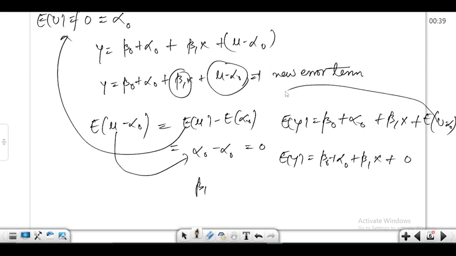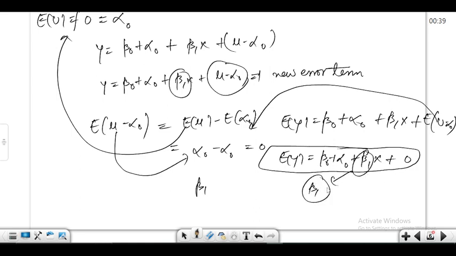We know that this is equal to 0 from here. So your slope, that is beta 1, the parameter of our interest, is unharmed, even if we don't assume that the expected value of your error term is equal to 0.